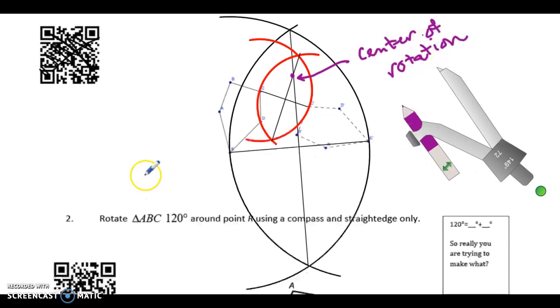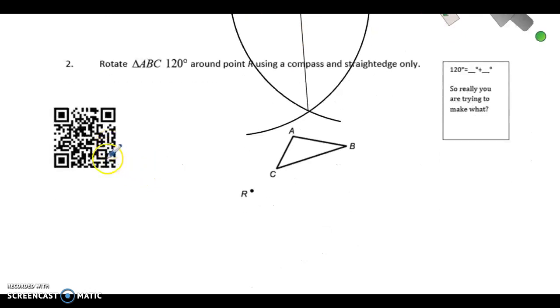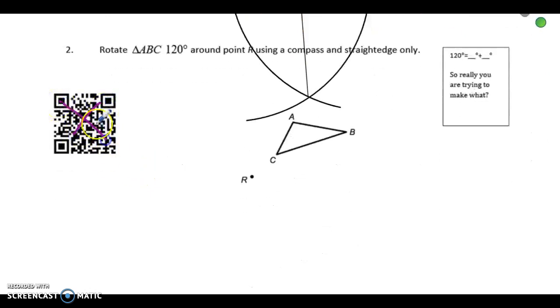All right, let's go down and look at number 2. All right, so that's old news, don't scan that code. This one says rotate triangle ABC 120 degrees around point R using a compass and straight edge only. So I'm going to rotate the whole triangle, but I'm really just going to show you how to do one point and then you're going to do the rest.